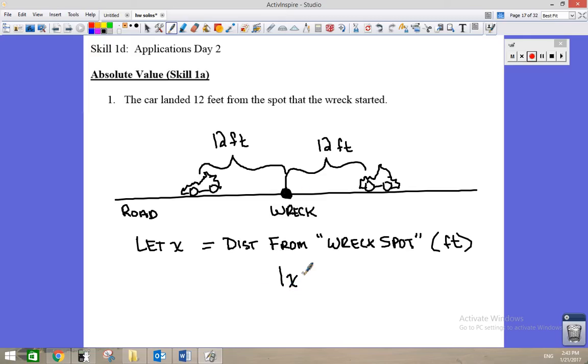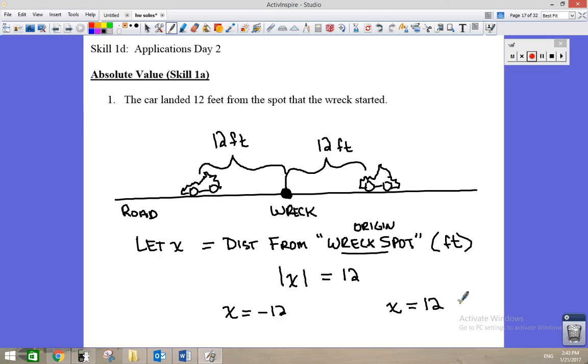We're treating this wreck spot really as the origin. And remember, absolute value is the distance from the origin. So the equation that represents this problem is the absolute value of x equals 12, which will give us two solutions. One where x is equal to negative 12, and one where x is equal to positive 12.